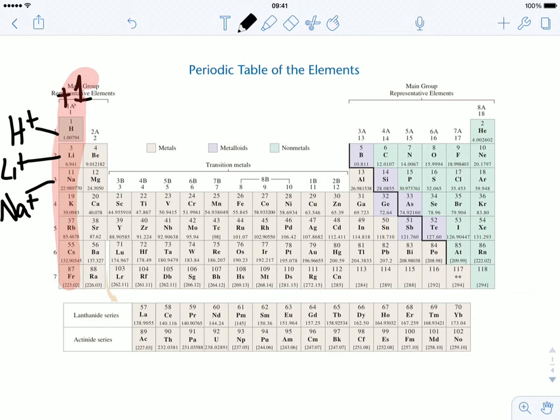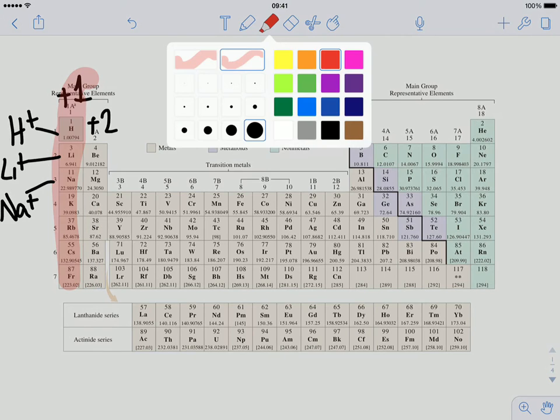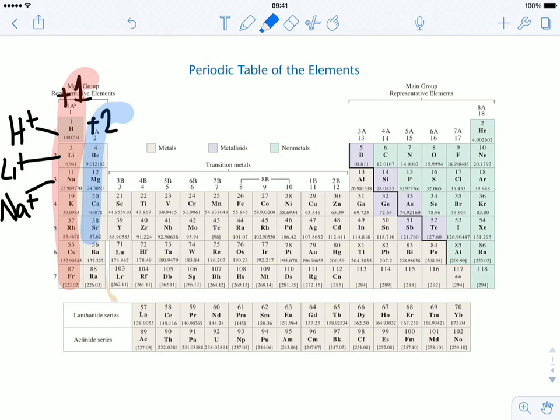Now we go one column over, these elements form +2 ions. So all these elements form +2 ions, meaning you can do the same thing. You can do Be, the ion Be forms is 2+. Mg, the ion Mg forms is 2+, and so on and so forth.